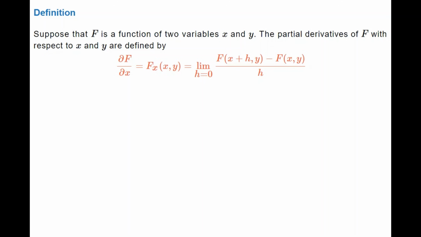And then we divide the difference by h as before. And similarly, when we differentiate f with respect to y, we keep x as constant and bring in the increment to the variable y only. And then subtract, taking the difference of f of x, y plus h and f of xy, divided by h.